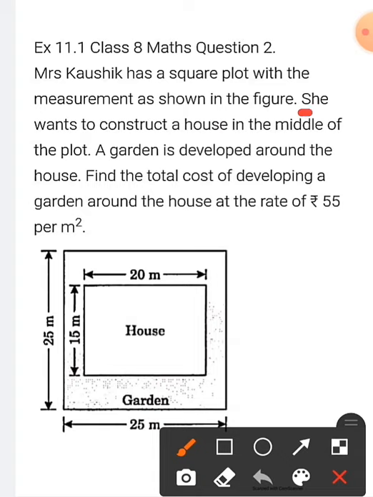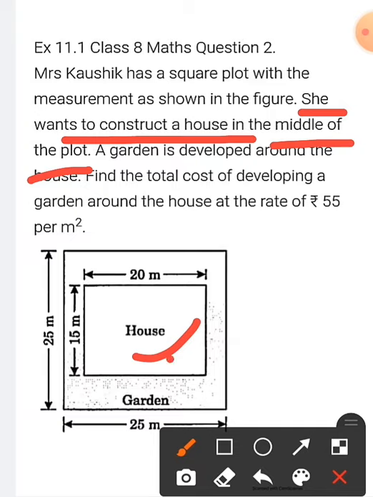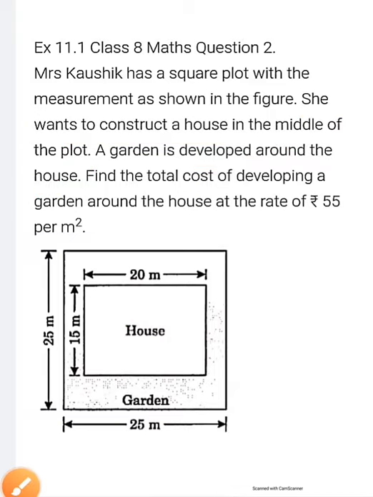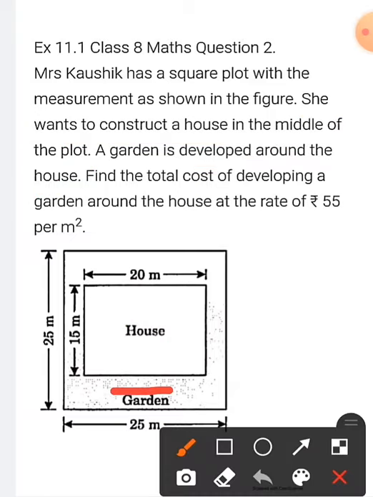Now she wants to construct a house in the middle of the plot, over here where house is written. A garden is developed around the house, surrounding this house. Find the total cost of developing the garden around the house at the rate of rupees 55 per meter square.